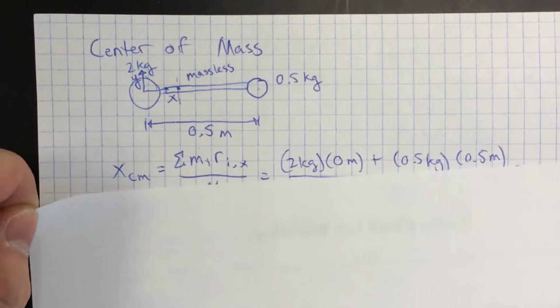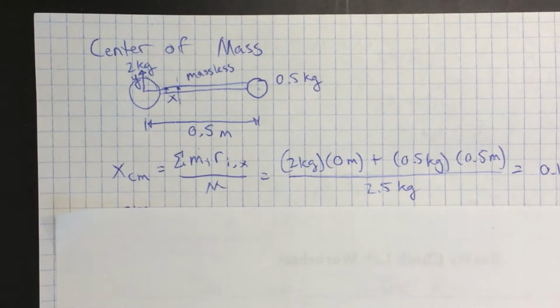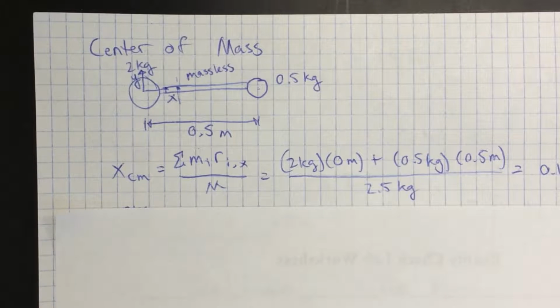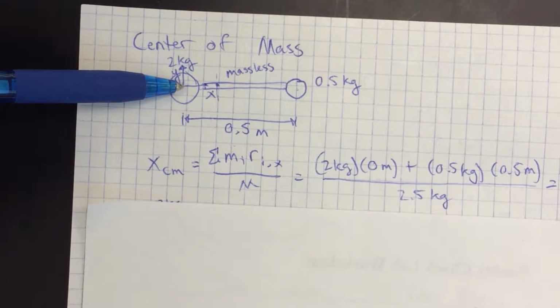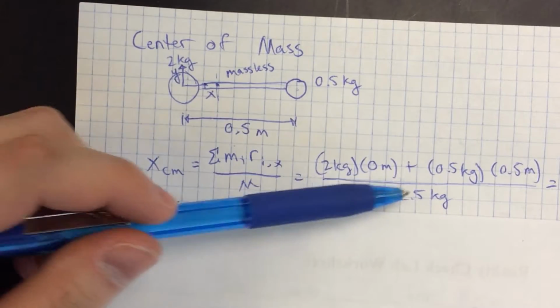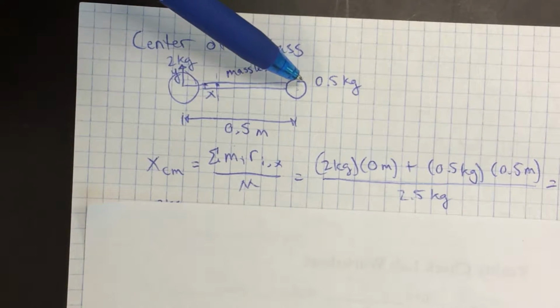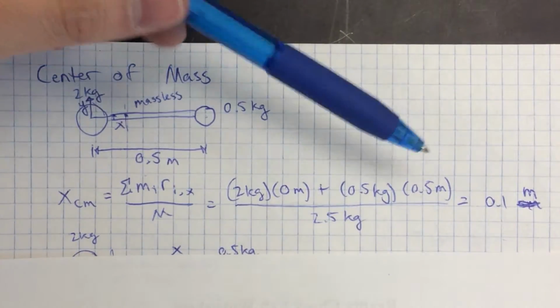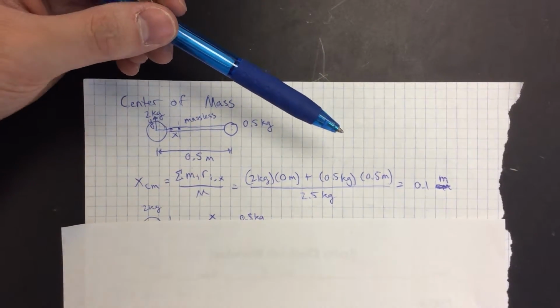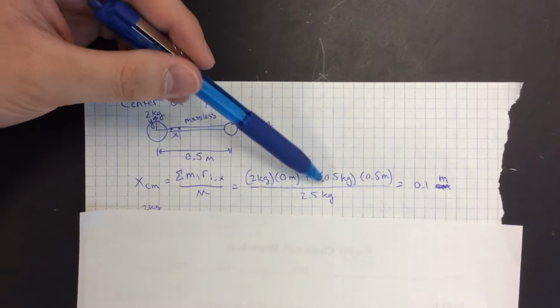And then we calculate. Okay, so to determine the position in the x of the center of mass, I just add up the mass times the distance. So 2 kilograms times its distance, which is 0, if that's my origin, plus this guy, which is half a kilogram, times its distance, which is half a meter, and then divide by my total mass.